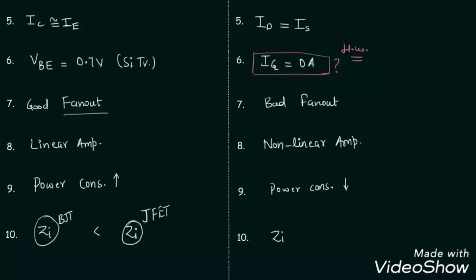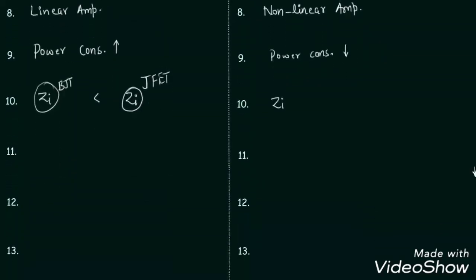The next point is thermal stability. BJT has bad thermal stability. JFET has good thermal stability as compared to BJT.